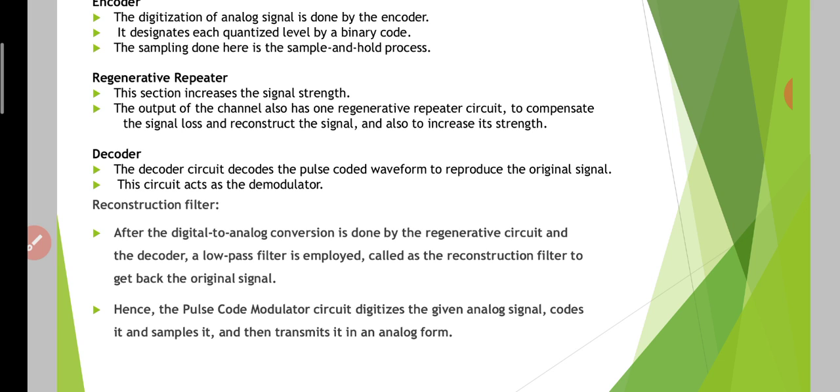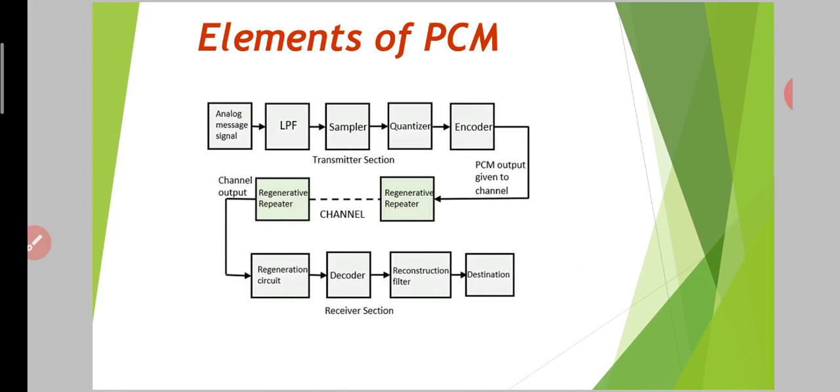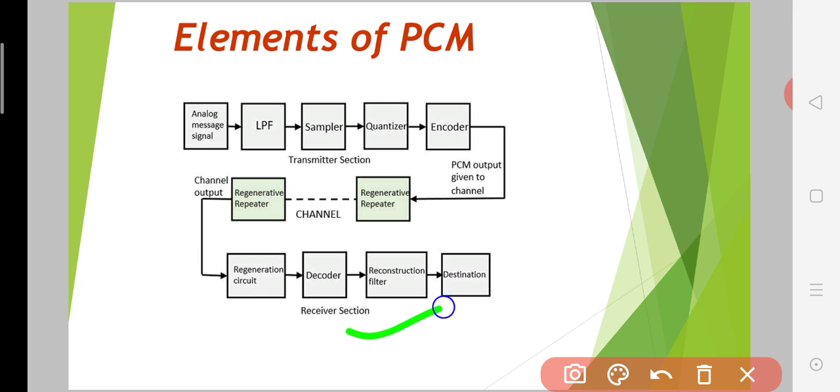Finally, there is the reconstruction filter. The reconstruction filter is generally a low pass filter, because our original message signal is a low frequency signal. After digital to analog conversion in the receiver section, after decoding the signals, the data is fed to the reconstruction filter.